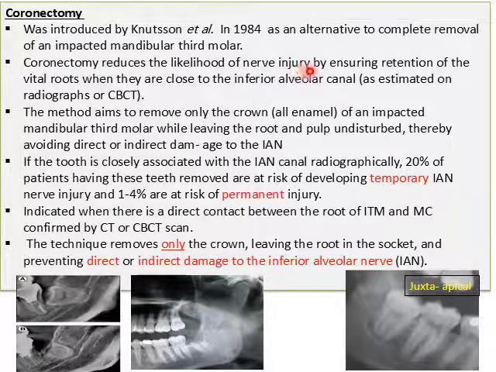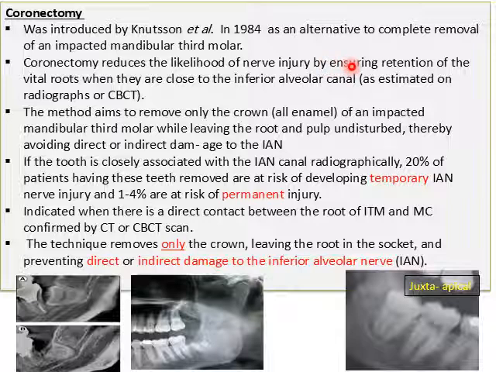When we do elevation of a third molar, we might get numbness in the third molar area, and this numbness might be temporary or permanent depending on the type and degree of the injury. This evaluation depends on CT or cone beam CT scan.